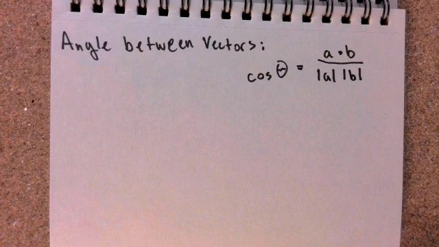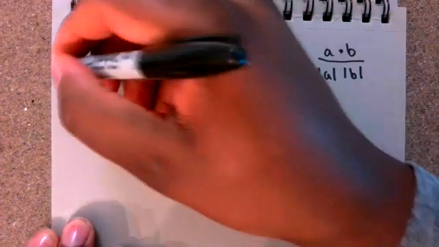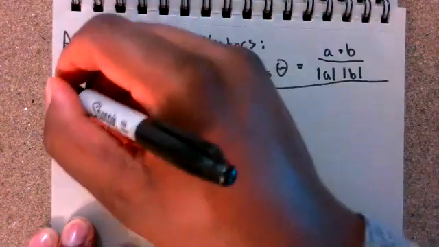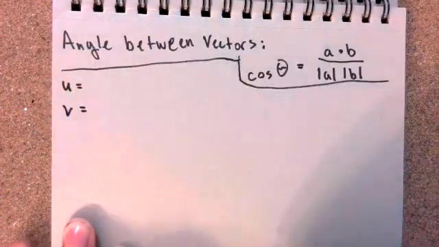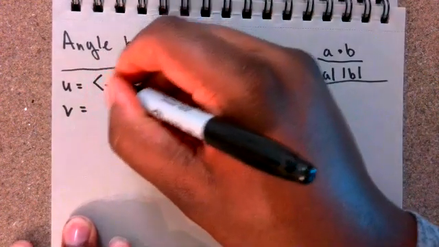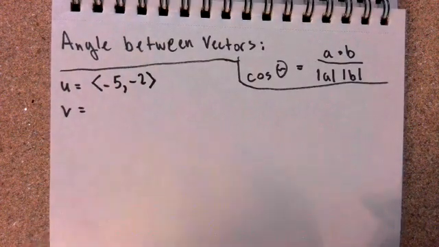So let's do a quick problem just to show how we do this. Say we've got the vector u and the vector v. Let's say u is the vector -5, -2, and v is the vector 4, 4.